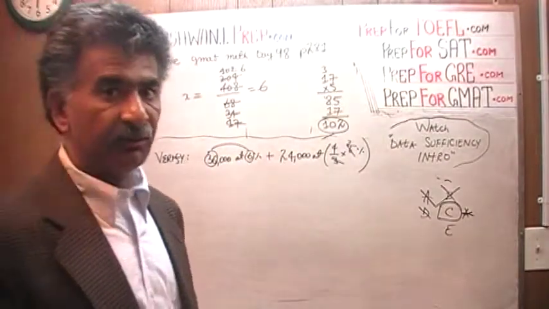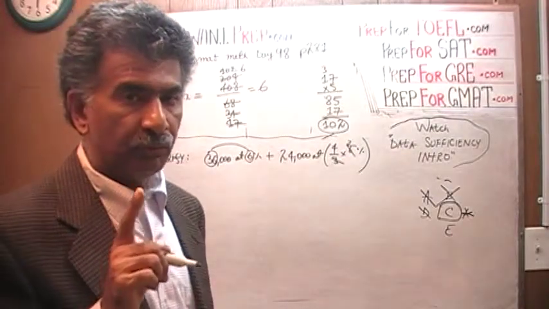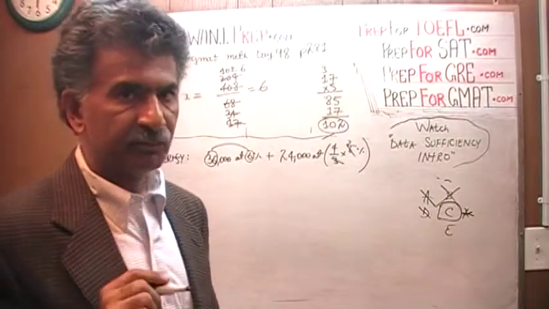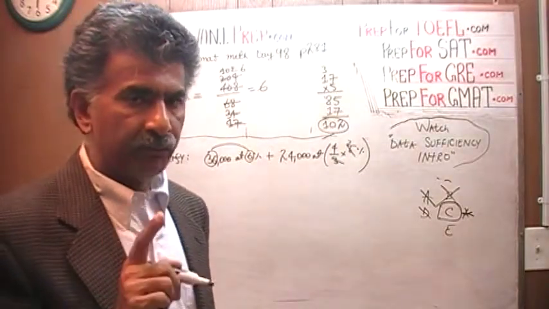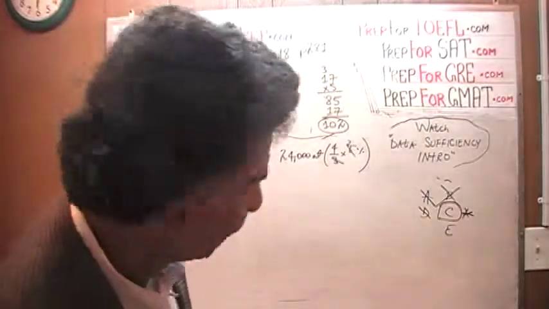The reason I'm asking is because I'm hoping that you will know your cubes. You have to know your squares 1 through 20 for the exam. It saves a lot of time. You must know your squares 1 through 20, and it also helps to know your cubes 1 through 10. Not all of them. I'm going to show you which ones you should know for the exam.